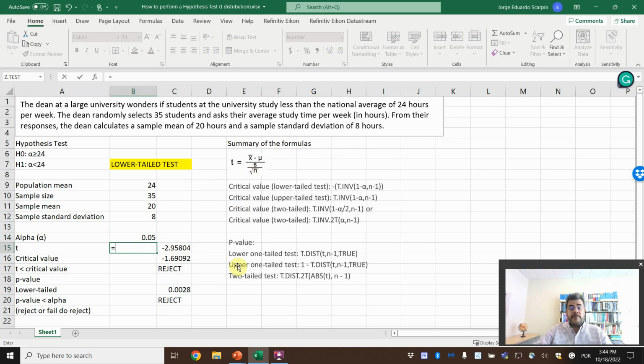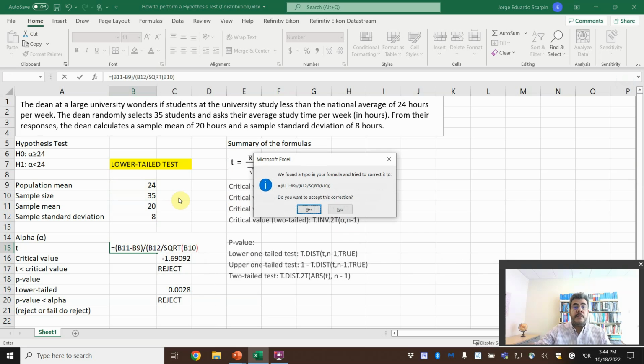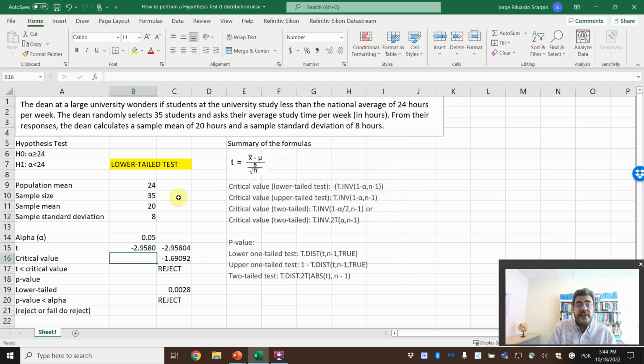It equals the difference of the means: sample mean minus population mean, divided by the sample standard deviation divided by the square root (SQRT) of the sample size. So here the t is negative 2.95.